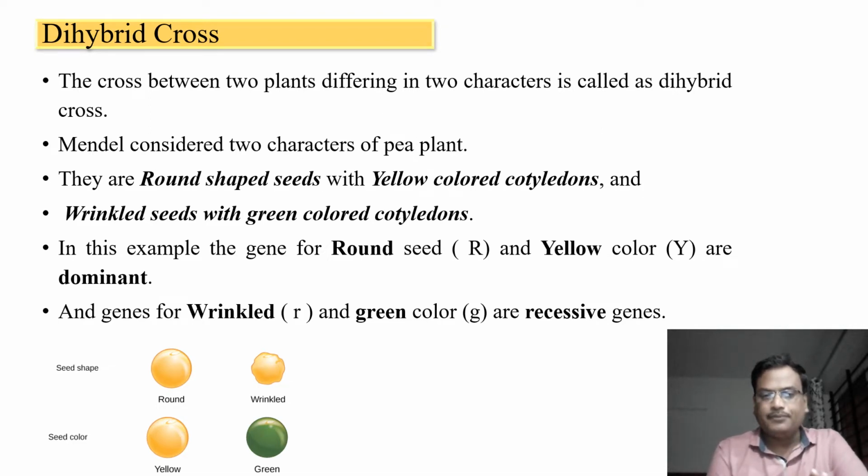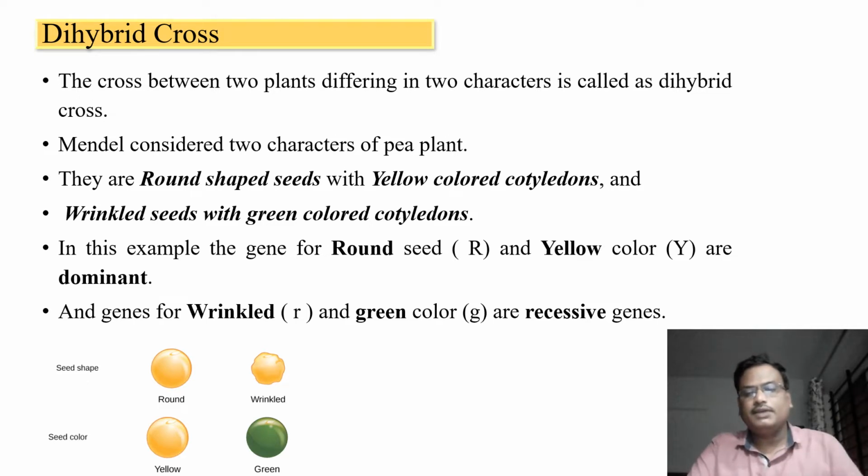So one plant is having round shaped seed with yellow color cotyledon, and another plant is producing wrinkled seeds with green colored cotyledon, right? So he's going to cross these two plants, and the results he obtained.